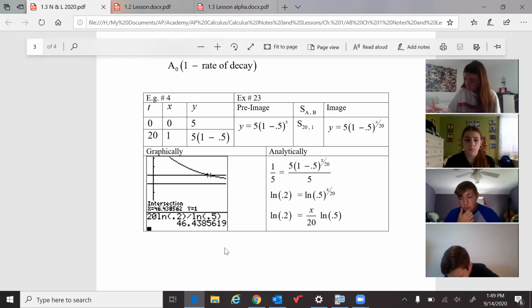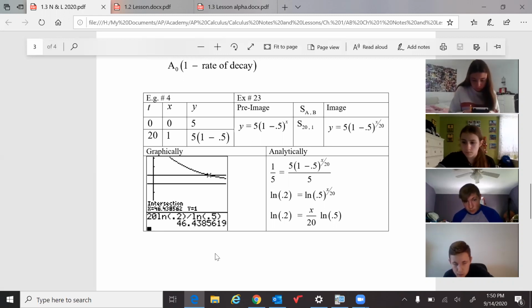Type 20 LOG 2/10, close parentheses, divide by open parentheses, LOG 5/10, push enter. You're going to get the same answer. It doesn't matter whether you use LOG or LN. You just can't mix and match them during the question.